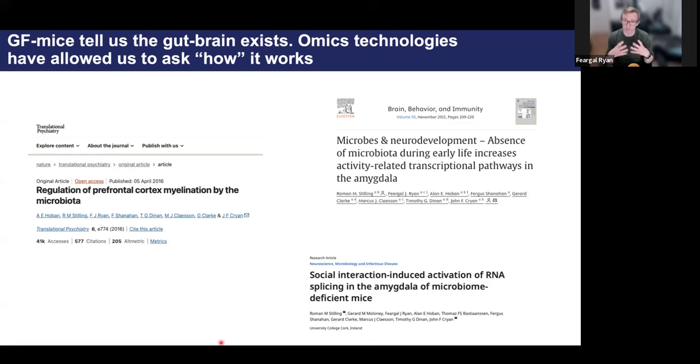So we've been able to show that this is a real quantifiable effect, and we're able to show very strong scientific and molecular evidence for that. And so that's really where omics technologies have so far, I think, been an absolute pinnacle of importance for the gut-brain axis field. I've only shown you some of my papers here. There's far better people out there that have done this in a much, much better way than I have, but I'm a little self-centered when I was making the slides, so I just picked some of my examples.